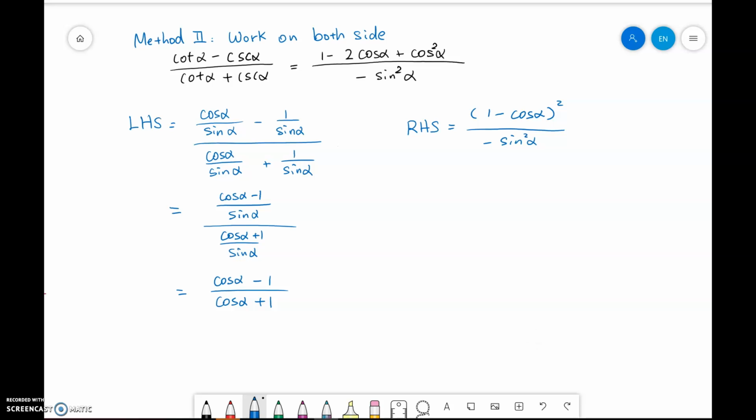Once I factor the numerator as 1 minus cosine alpha squared, I also see, comparing to the left-hand side, that I did not really need sine. So I'm going to rewrite sine squared alpha in terms of 1 minus cosine squared alpha.